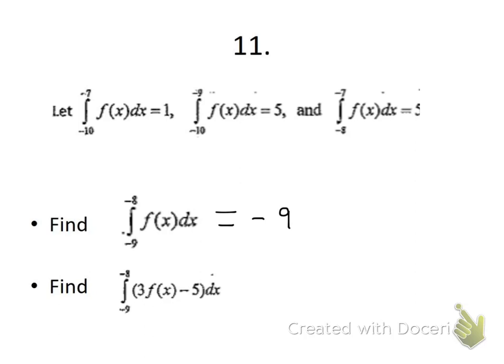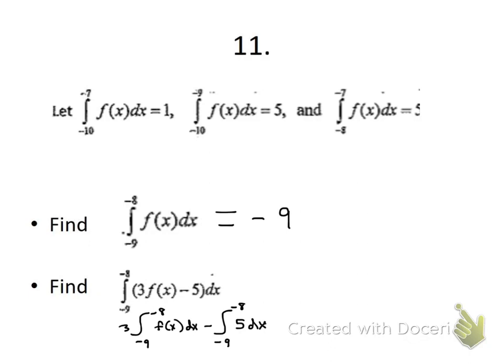So this means 3 times the integral from negative 9 to negative 8 of f of x dx, minus, how would I write this? The integral from negative 9 to negative 8. That's not 5 times a function. That's just 5 dx.